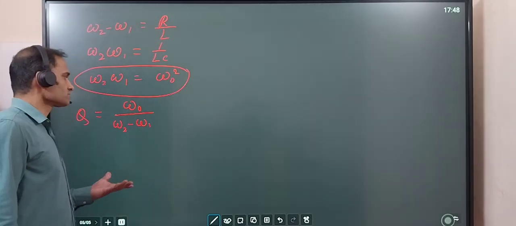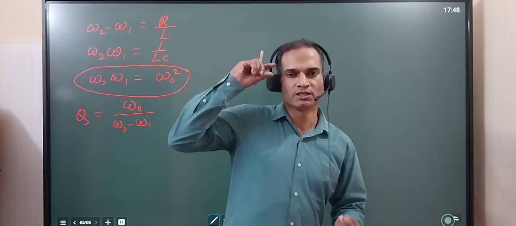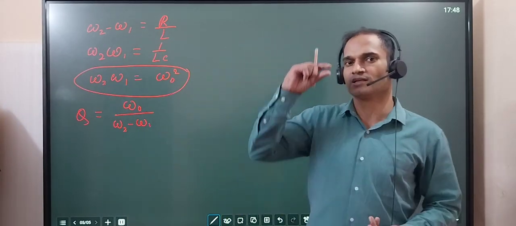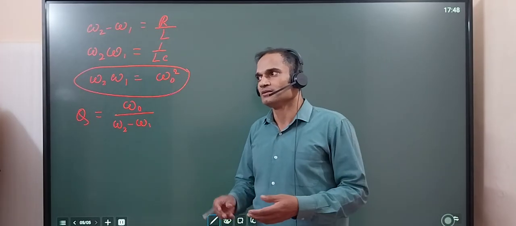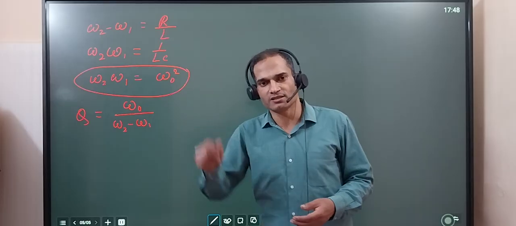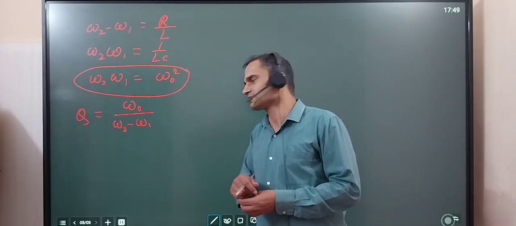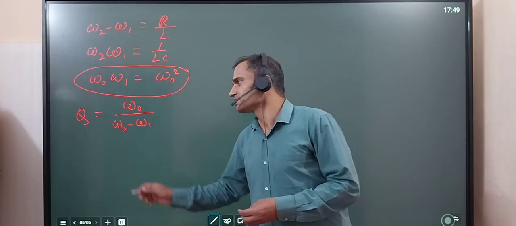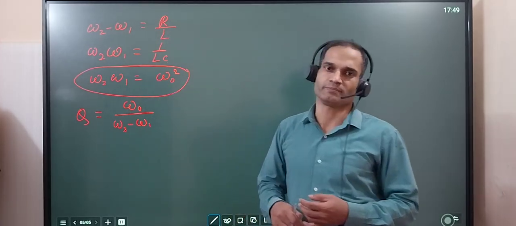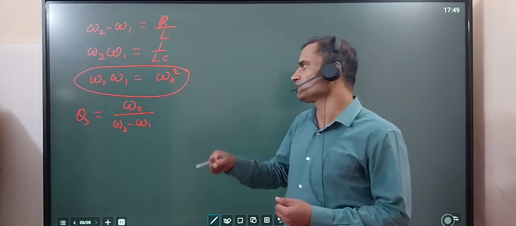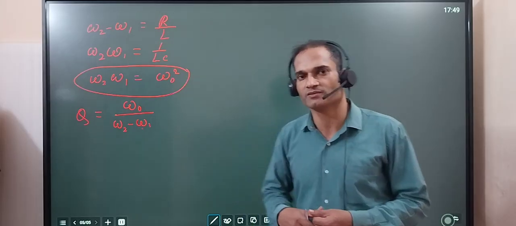I mean, for high quality factor, you will hear a clear signal at a particular frequency omega naught, and if you change the frequency slightly, if you increase it and go up to omega 2, power dissipation will be half of the maximum. If you decrease the omega and reach omega 1, again power dissipation will be half.